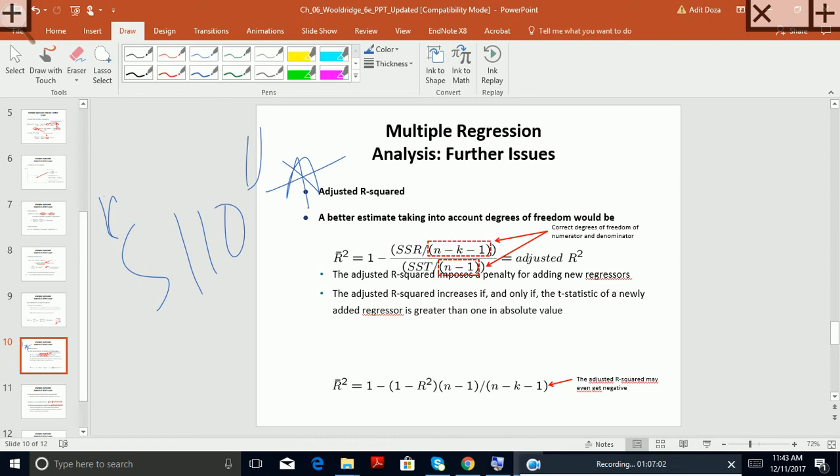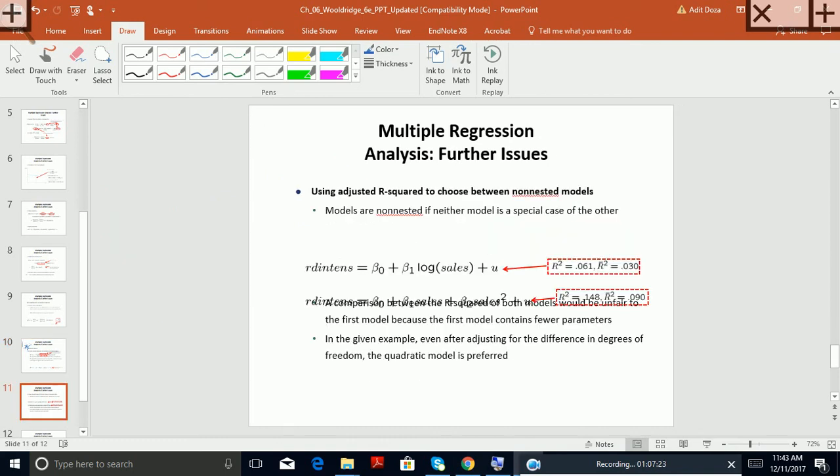It penalizes you if you are adding new regressors in the model, right? If you just nonsensically add 10 more variables in your model and you claim that the R square is big and so it should be used for the analysis, the adjusted R square will penalize you if you add those variables, right? So then you have a fair comparison.